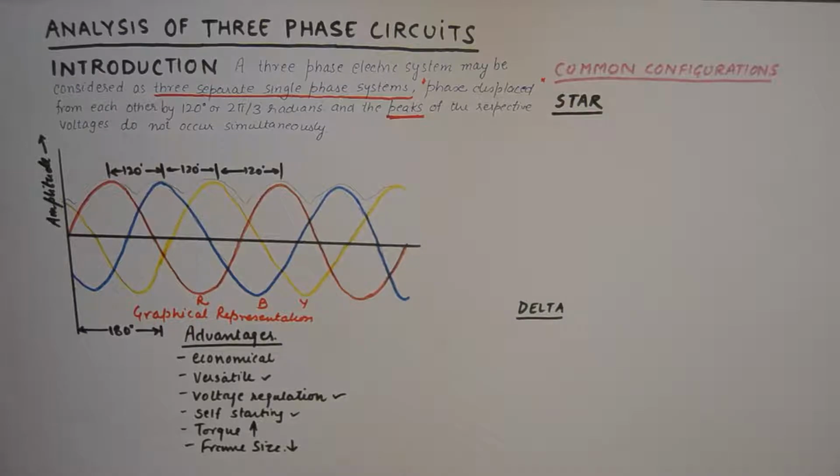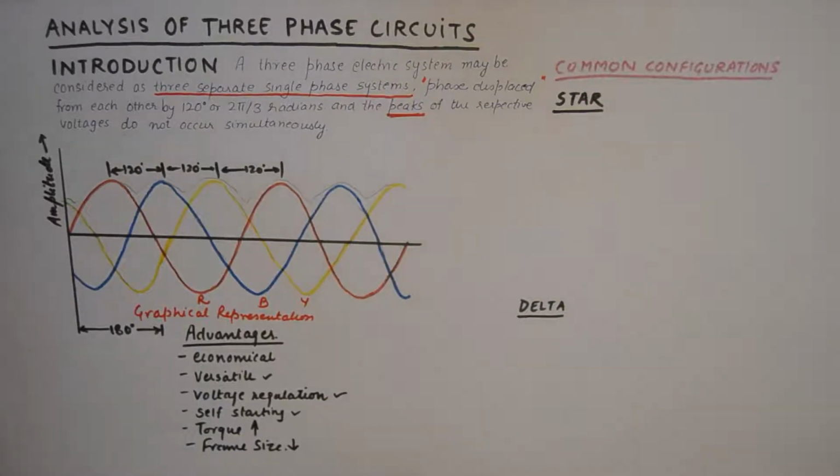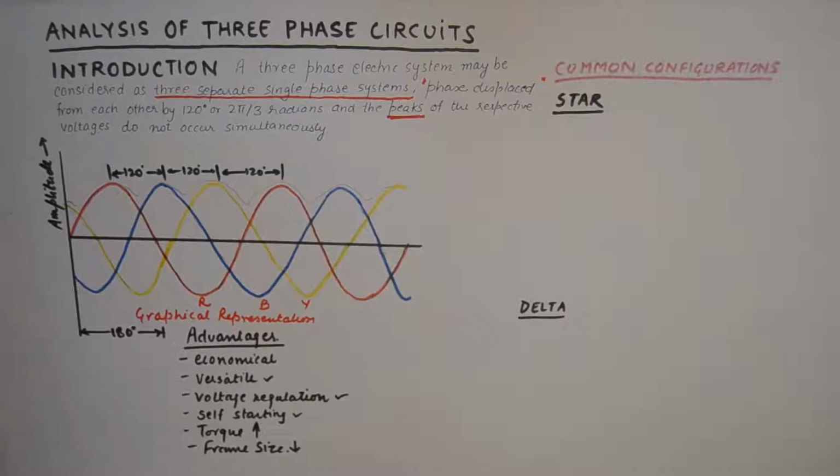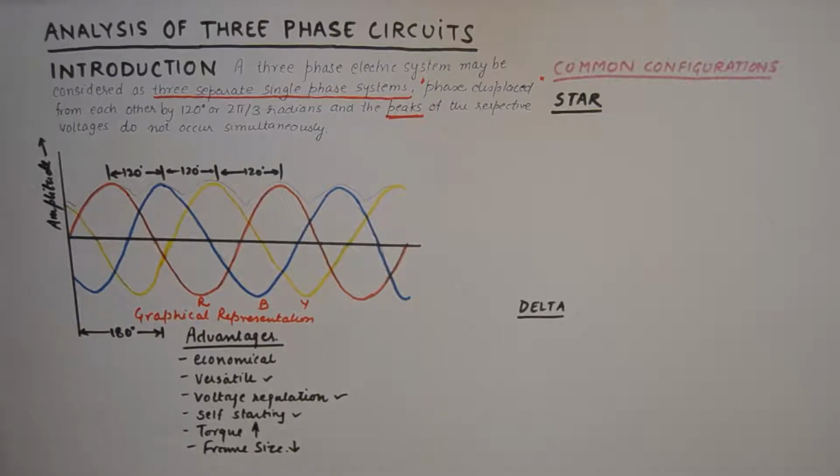Now, as far as the configurations of three-phase circuits are concerned, there are two popular configurations, and most of the numericals or most of the questions originate from this classification of three-phase networks. This is pretty important from the point of view of examination.